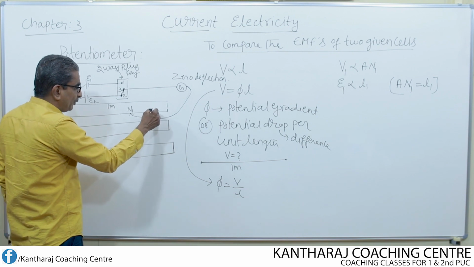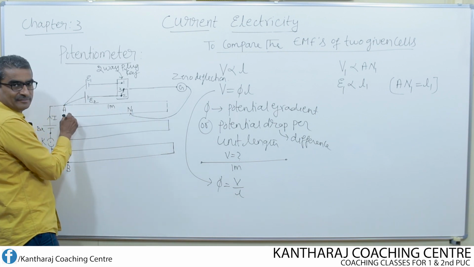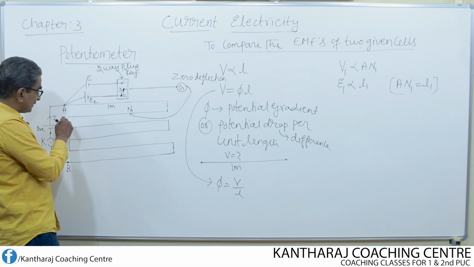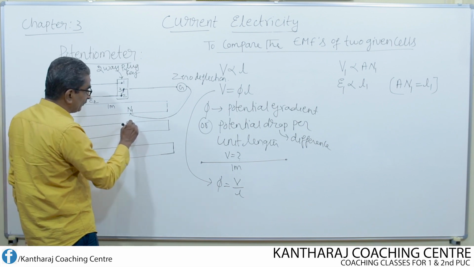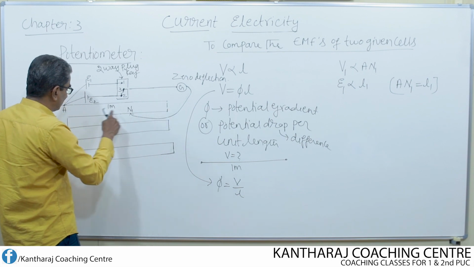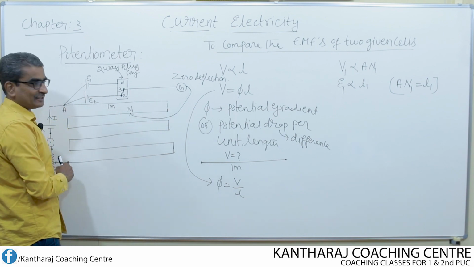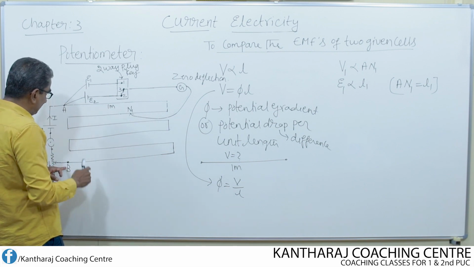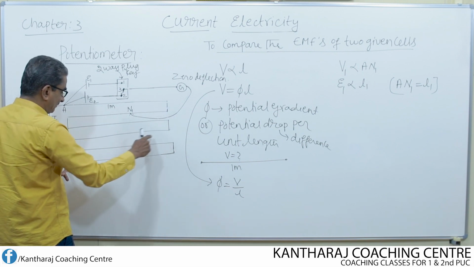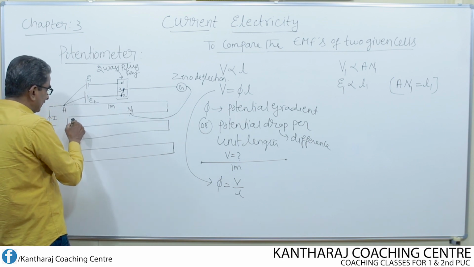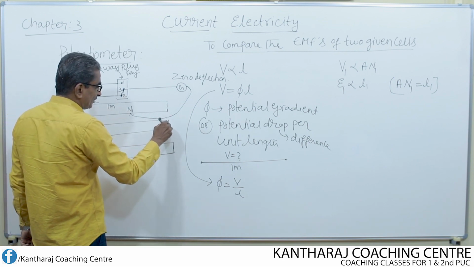So keep moving the jockey over the second wire. Even up to this point, if you do not get null deflection, shift the jockey to the third wire. Keep moving like this. In a zigzag path we have to move the jockey, all according to the wire connection. The wire is connected between A and B along a zigzag path. So move like this, shift to the next wire, move like this, shift to the next wire.